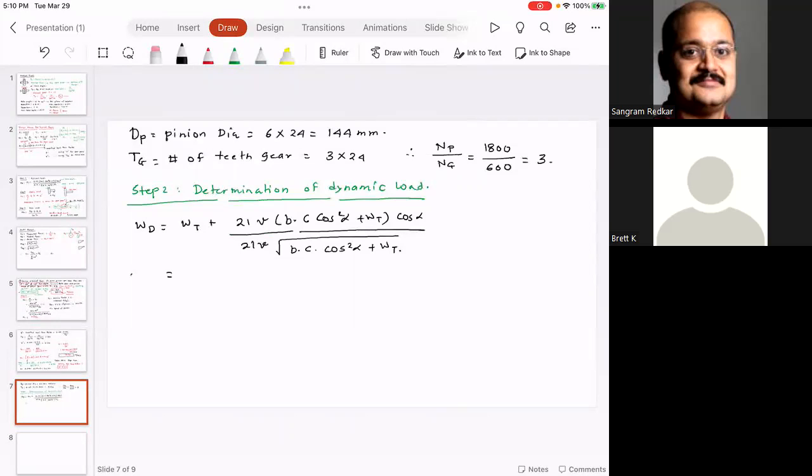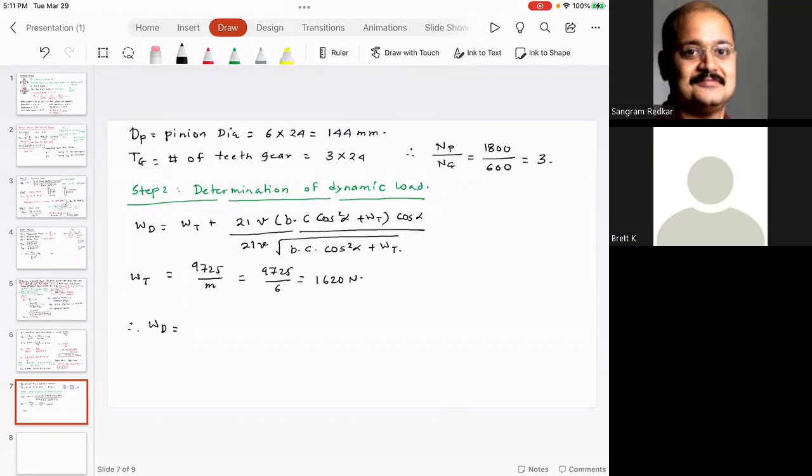And the WT value is 9725 divided by m, which is 9725 divided by 6, 1620 Newton.